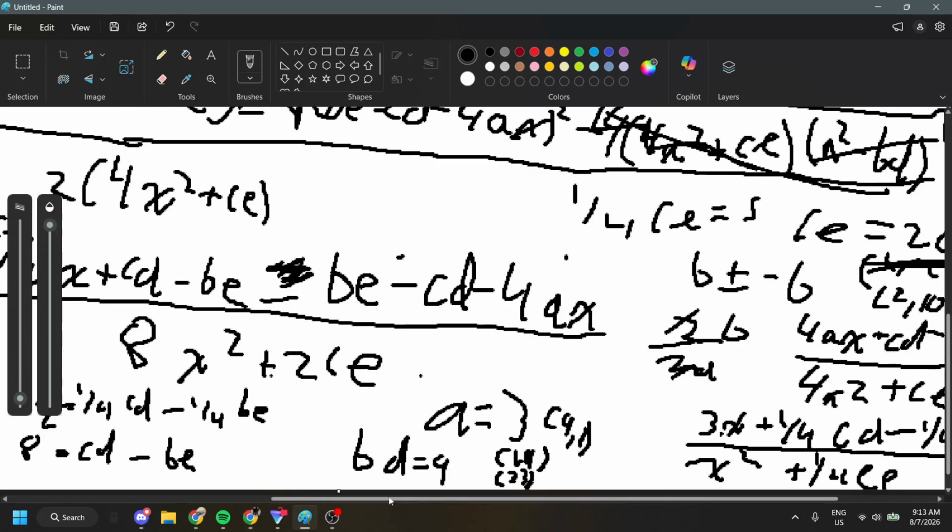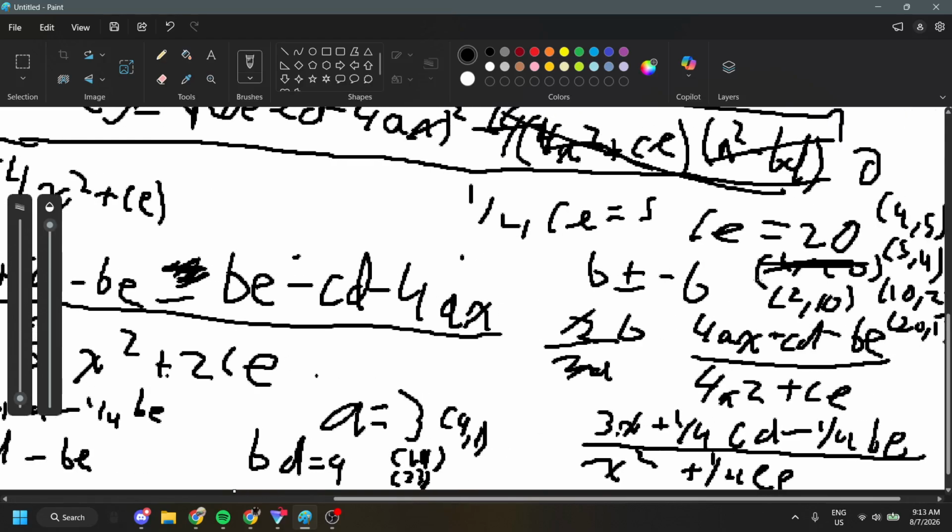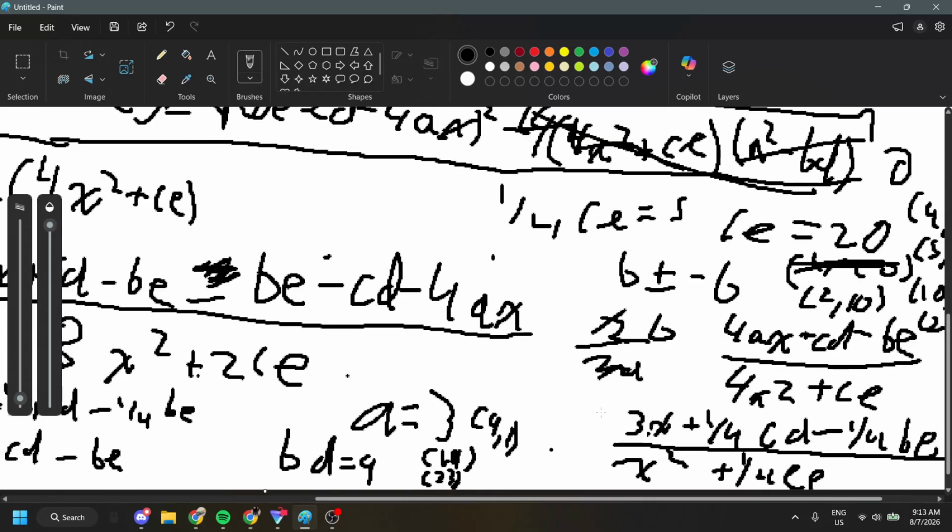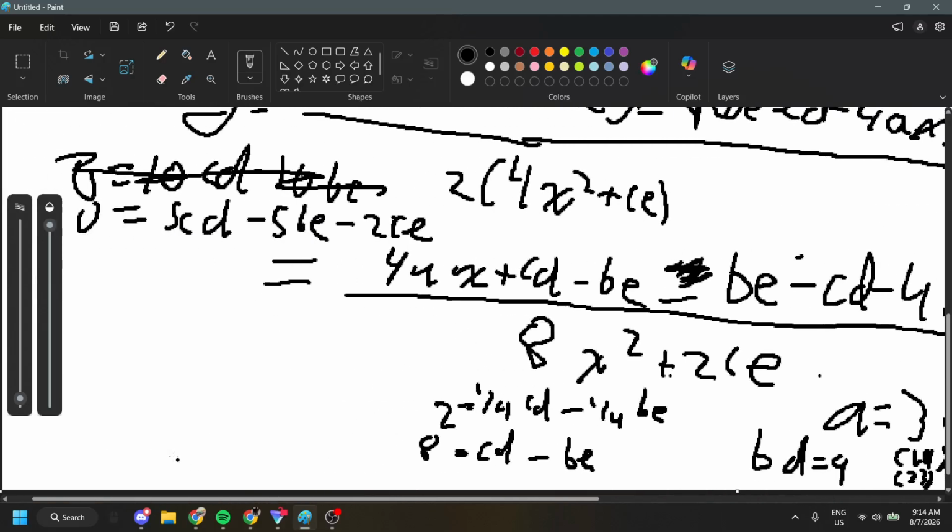Here, their difference needs to be 8. So 2 times 9 is 18, minus, oh, there we go, 2 times 9 minus 1 times 10.